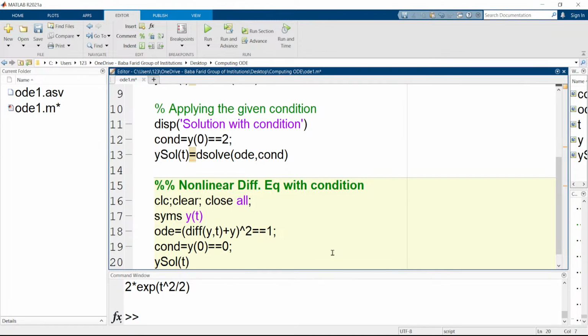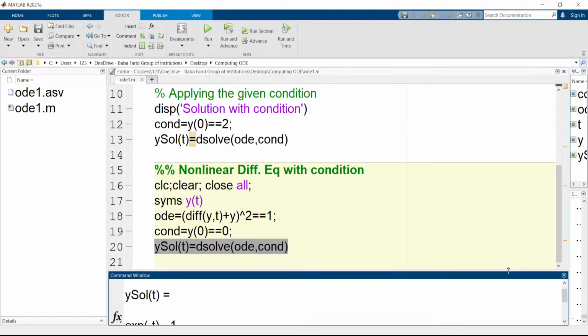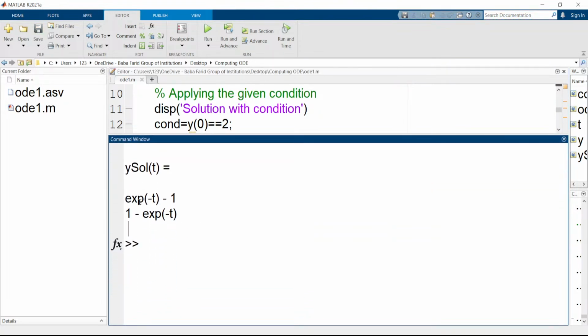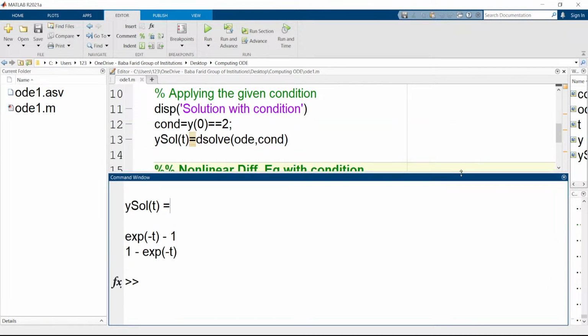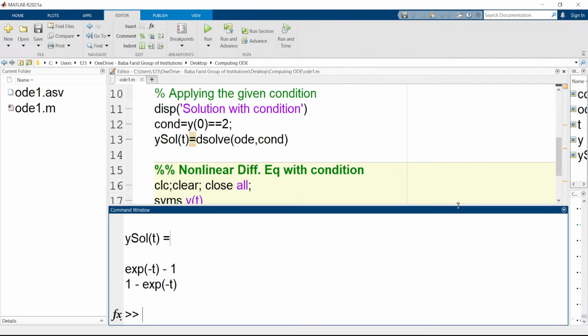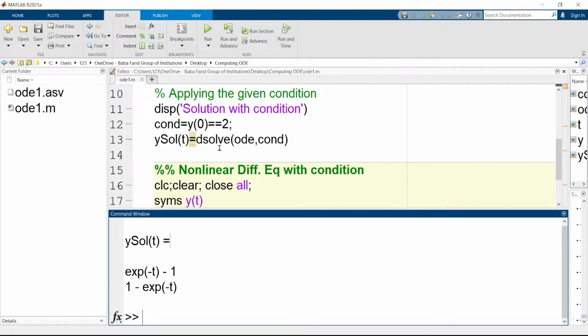The solution will be in terms of t, and it is equal to the dsolve function, with ODE and condition. Two solutions: see carefully, these are the two solutions which appear at this place. As we did in the previous file, you can do it here also. You can manipulate in different ways. It depends upon you how you want to return your solutions.